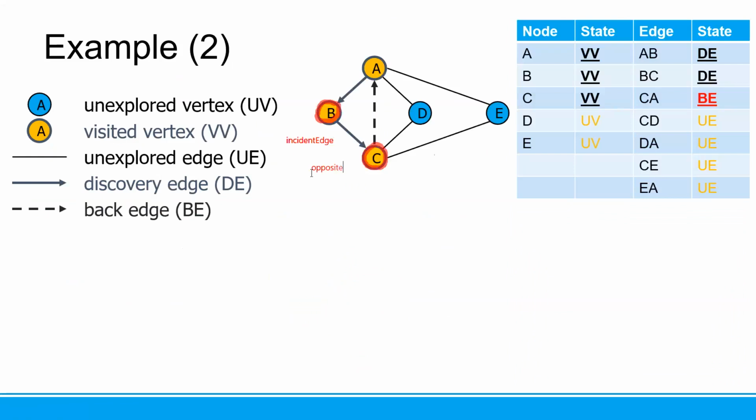Okay. So in the C, we need to find what are the incident edges. Okay, we know that these are the incident edges. Okay, let's see what is the opposite. So this is the opposite, A.